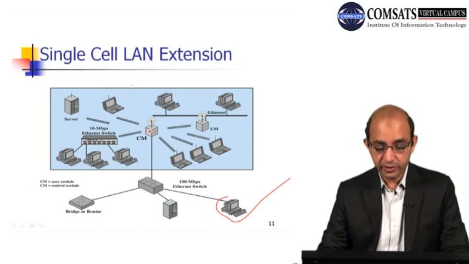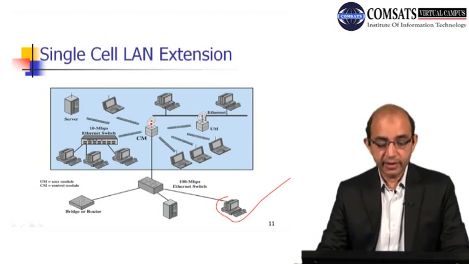So this is the control module, and here we have the user module, and that user module is actually connected to this wired network. And again here this control module is connected to the backbone because it has to control the wireless infrastructure, right?